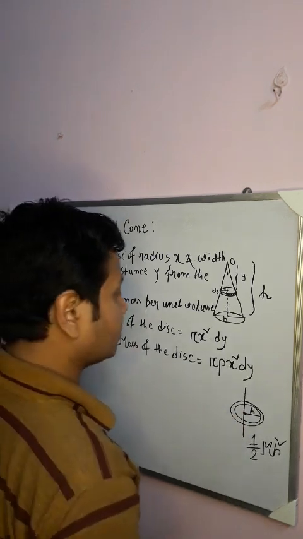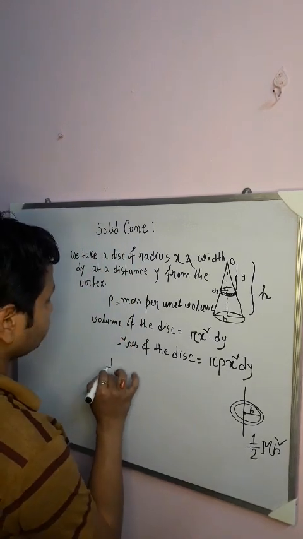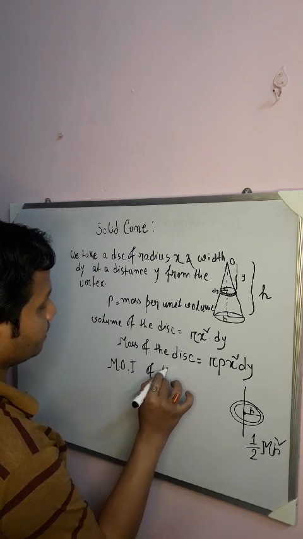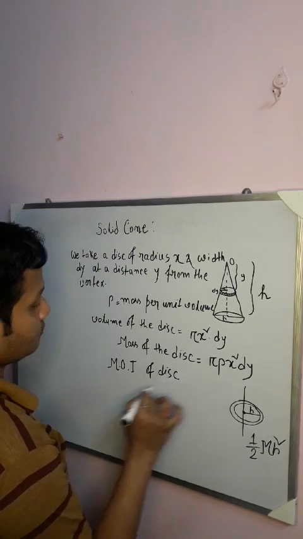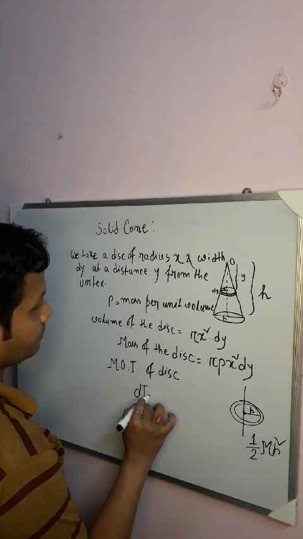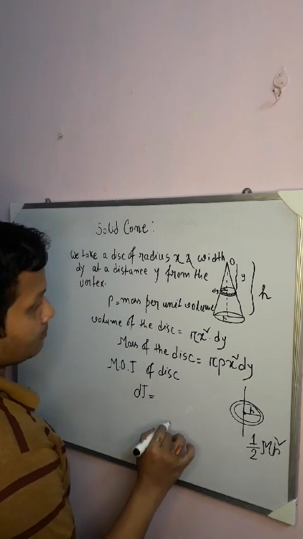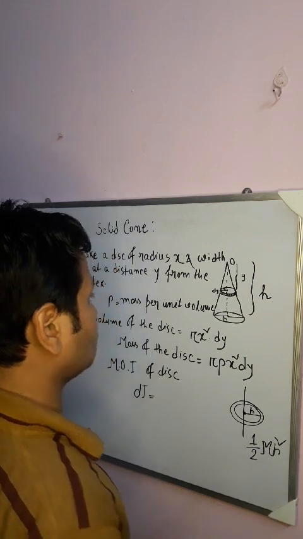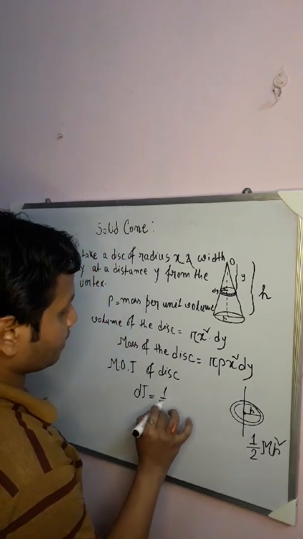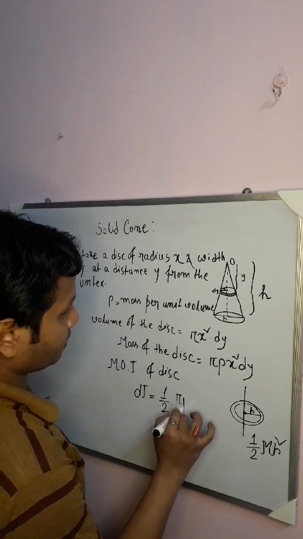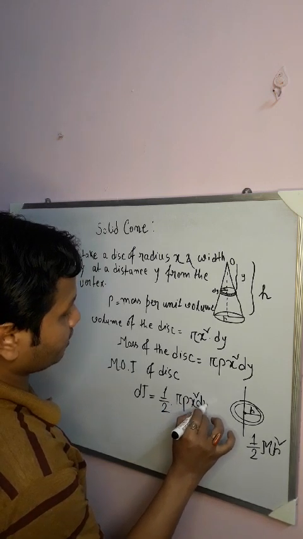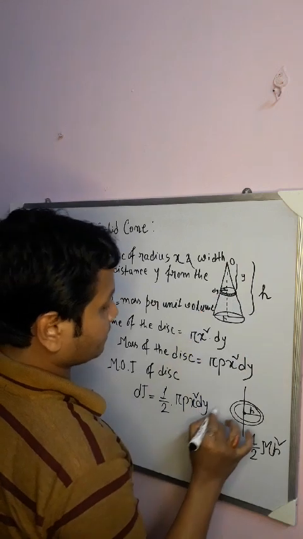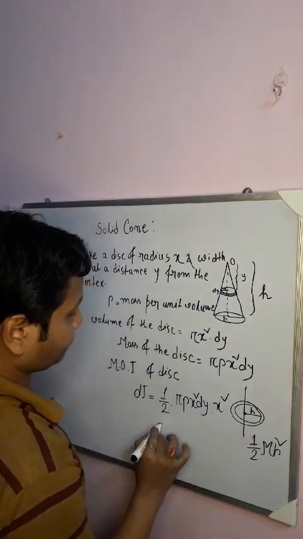So the moment of inertia of the disk, if I call it dI, is mass into half r square. Here m is pi rho x square dy, and the distance from the axis is x, so x square.